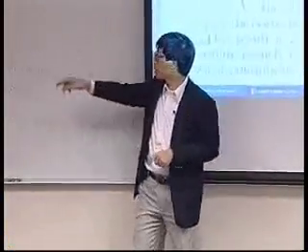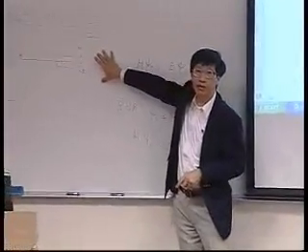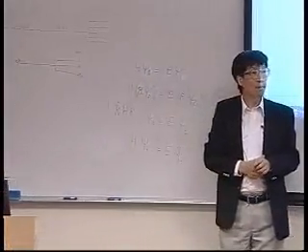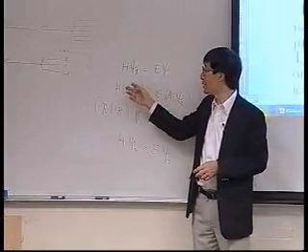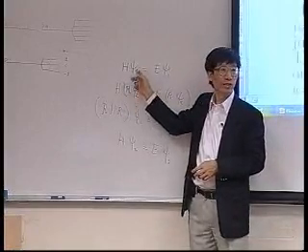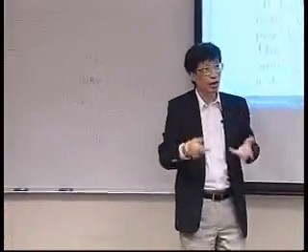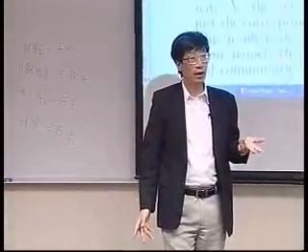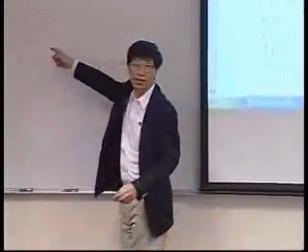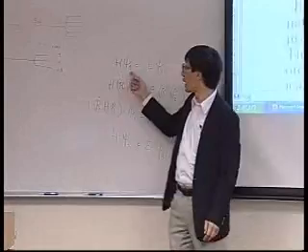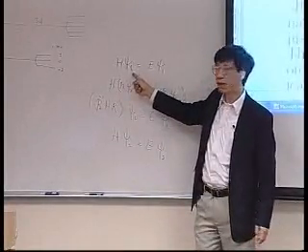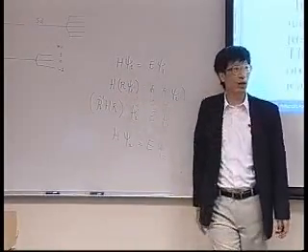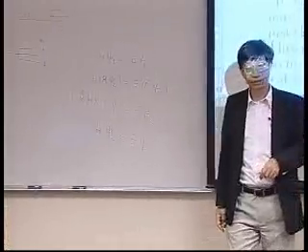Now, because these belong to the same irreducible representation, that means there is some rotation operator that takes, say, psi 2 into psi 1. So a rotation on psi 2 gives you psi 1. Rotation mixes these together. So I write this equation replacing psi 1 by R psi 2, where R is some rotation operator.